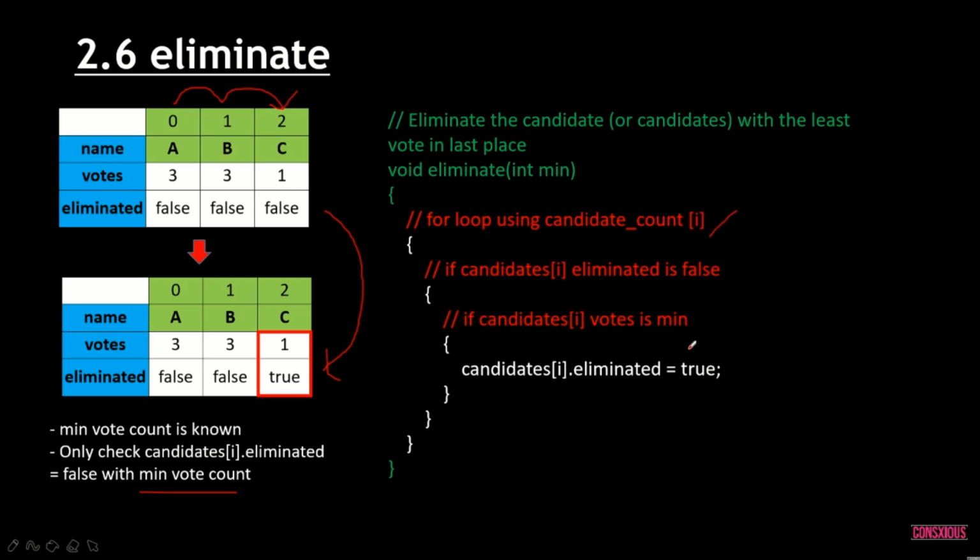Then we see whether they are false. Then if they have the minimum vote, because we already know the minimum vote count, we just change this status to true. Yeah, that's it. So remember the red color, you need to complete it by yourself.